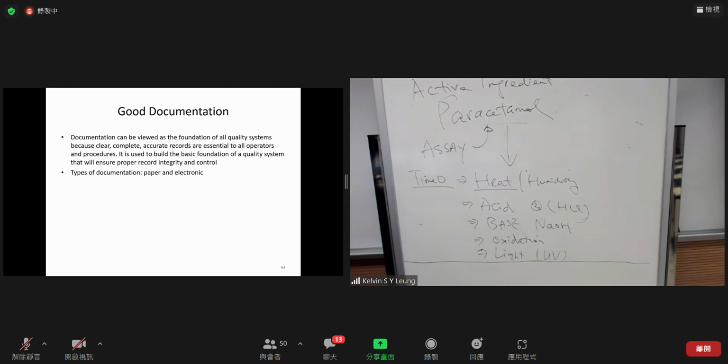But good documentation practice is also very, very important, because any data being recorded that is not clear and does not fall into the requirements of good documentation practice is not a good practice. The document will be reviewed by the QA, so make sure that you have clear and complete records. This is very, very important.